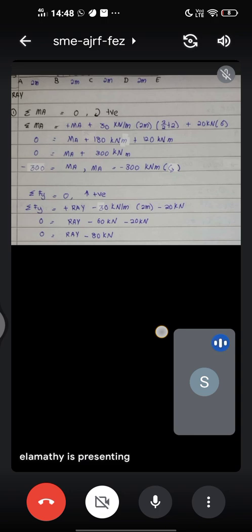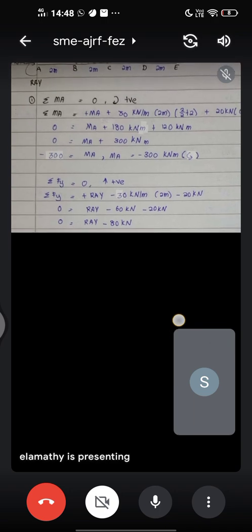After we add everything, we will get negative 300 over MA. Then after we rearrange everything, MA will equal negative 300 kNm.